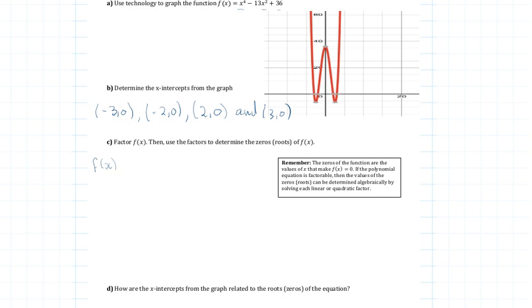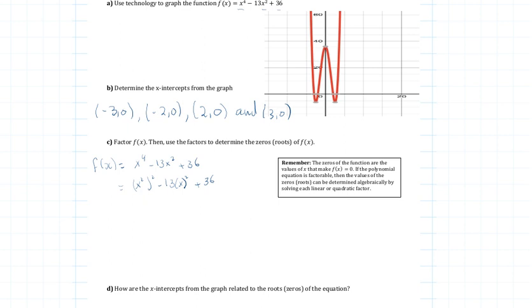So f of x equals x to the 4 minus 13x squared plus 36. So what I can do is write this as x squared, squared, minus 13x squared plus 36. So if I'm looking at this, I see that I'm looking for two numbers that multiply to 36 and add to -13.